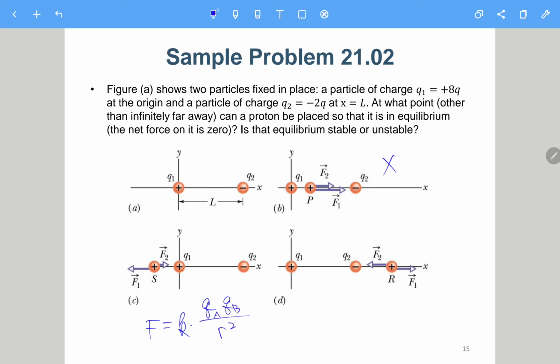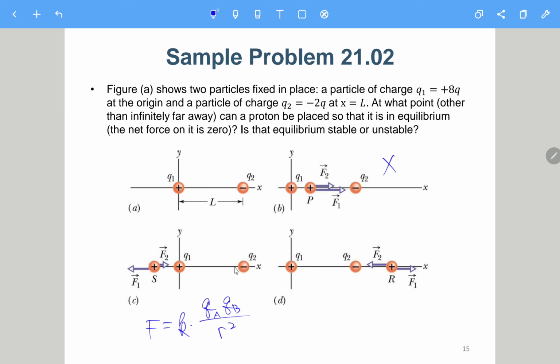over R squared. So for Q1 and the proton, Q1 has 4Q. Q2 only has 2Q, which means that for QaQb, this one is much larger, 2 times larger than Q2. And the distance between Q1 and the proton is much less than for Q2, because this is the distance between Q1 and the proton.